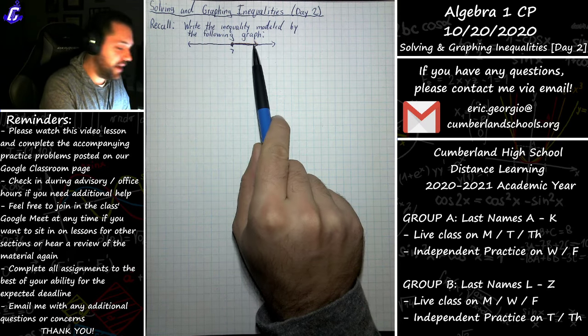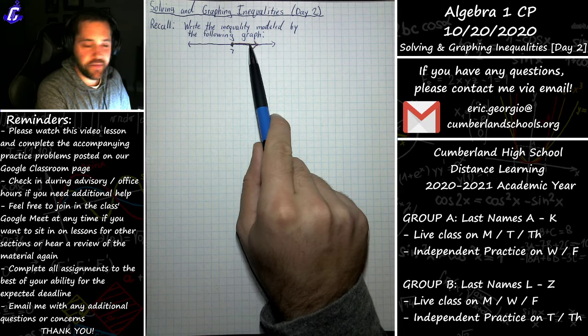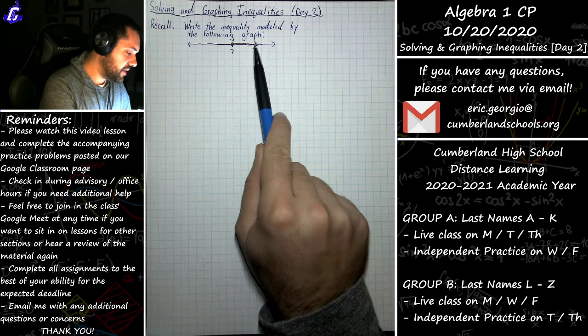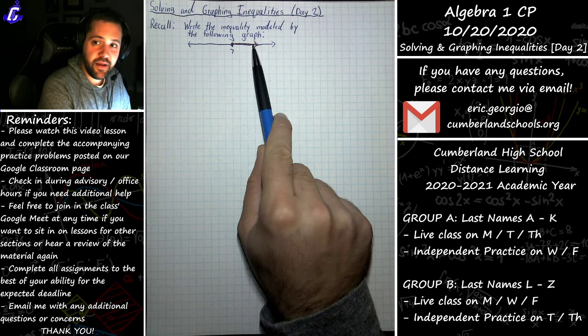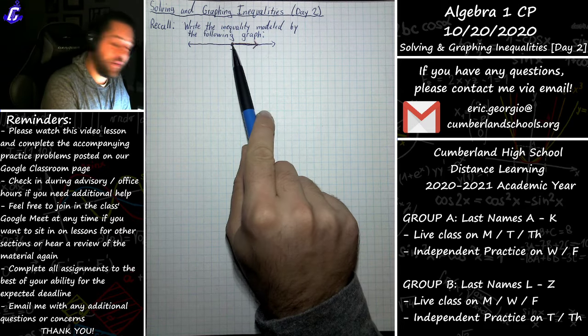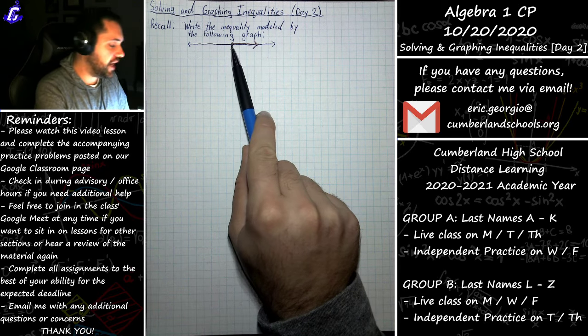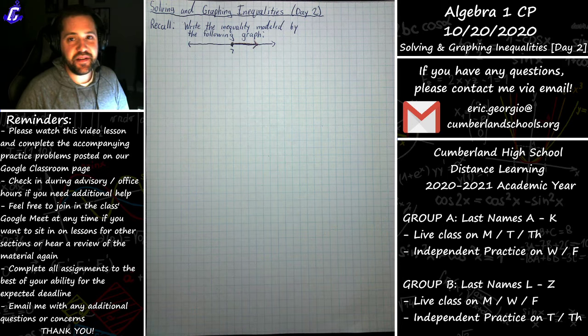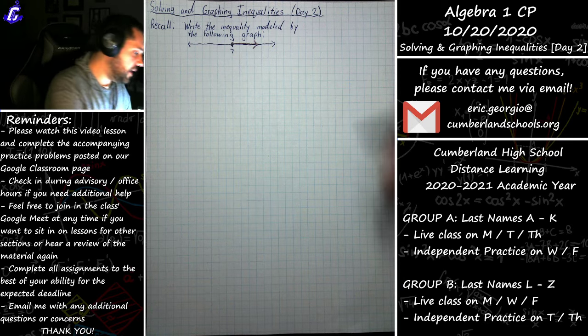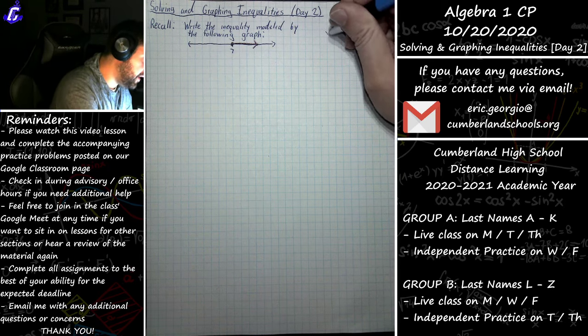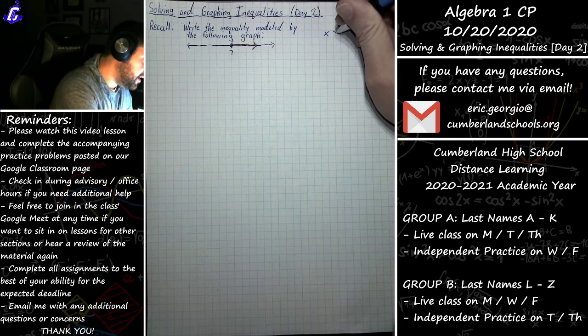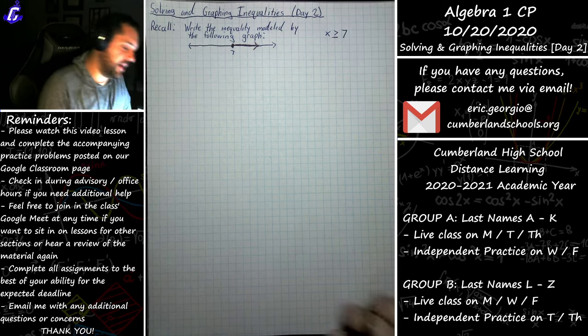So whatever my variable is, we'll call it x for this particular case, has to be greater than 7. And the last thing I notice is that the point on 7 itself is shaded in, meaning that not only is it greater than, but x could be greater than or equal to 7. So I would say the inequality modeled by the graph that you see here is x is greater than or equal to 7.